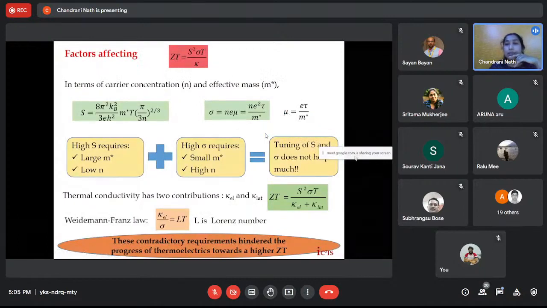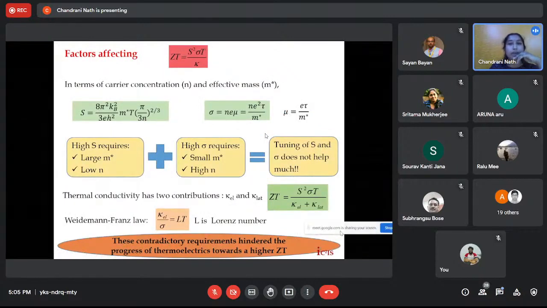So how does this affect our figure of merit ZT? As we have already seen, the thermopower S, the Seebeck coefficient, is inversely related to electrical conductivity. In terms of carrier concentration and effective mass, the relations are shown here. From this relation, we can see that a high Seebeck coefficient requires a large effective mass.